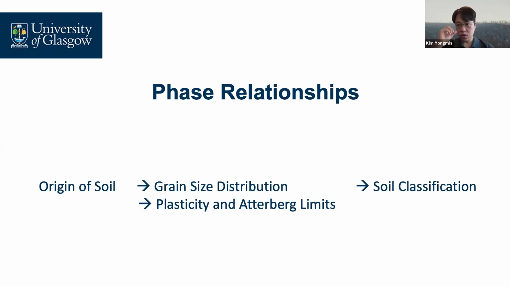Then according to the soil classification standards from the USA and Britain, we can name it. For example, poorly graded sand, well-graded sand, something like that. This is our soils and the fundamental classifications.